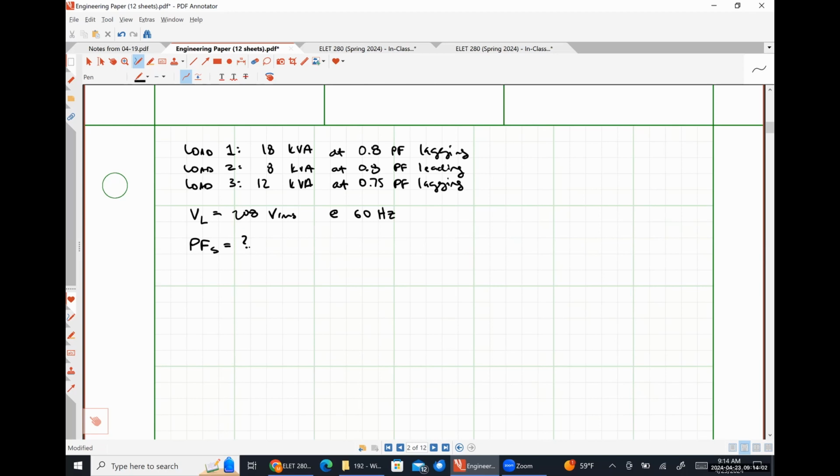So, how are we going to do this? My preference would be for you to approach this incredibly similarly to how we approached things when we were dealing with single phase circuits.